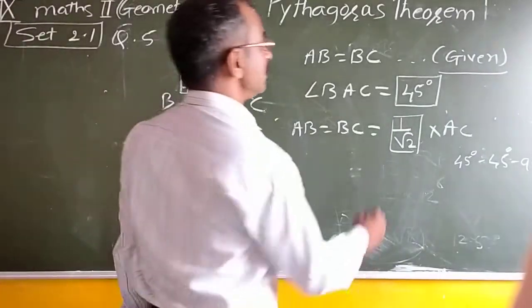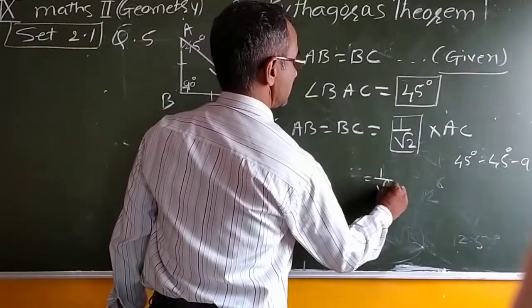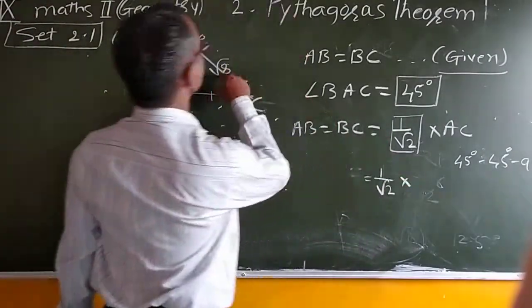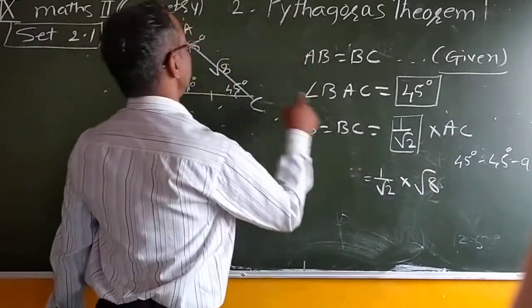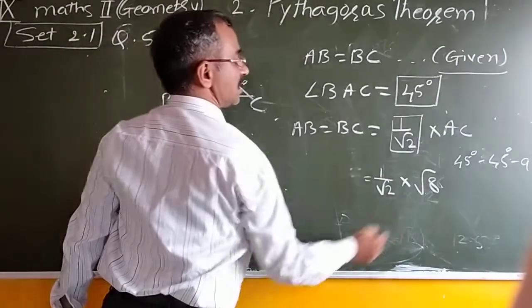Then by putting in the values, the AC value is root 8. We put this value as root 2 of the AC hypotenuse.